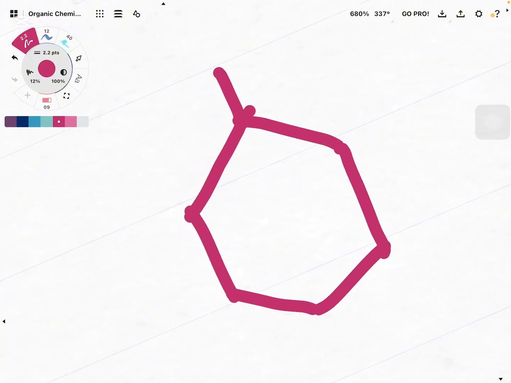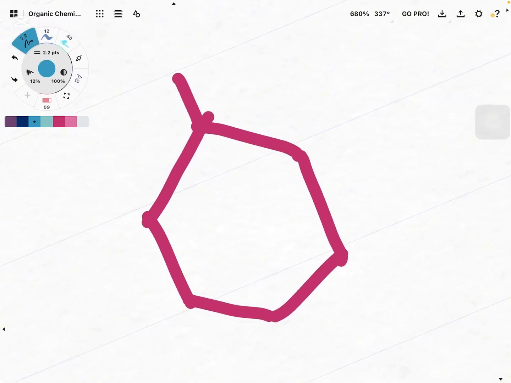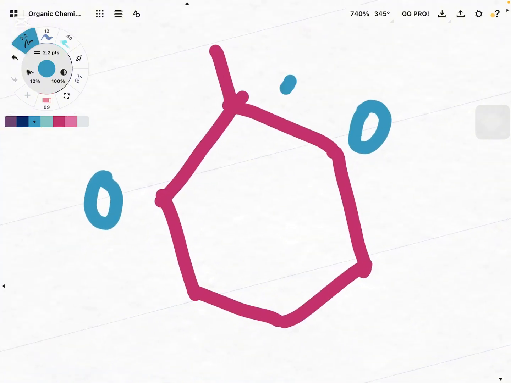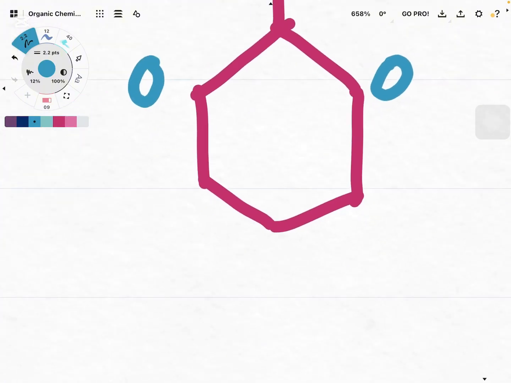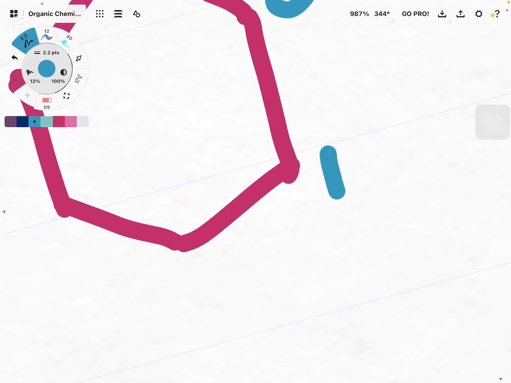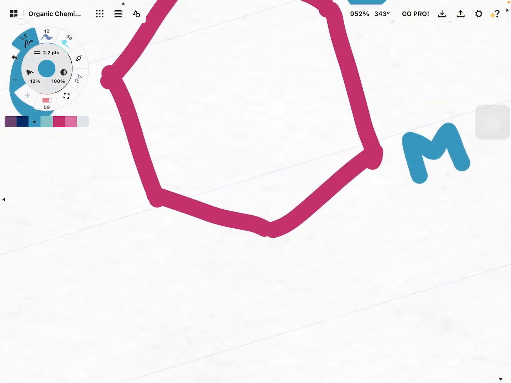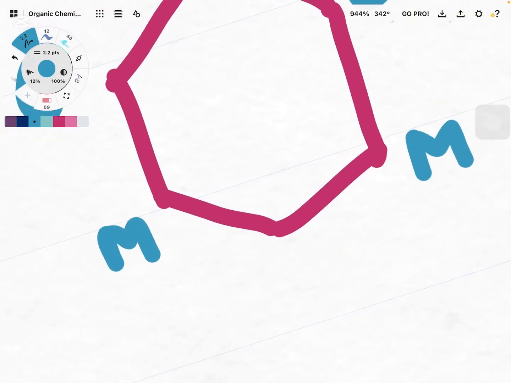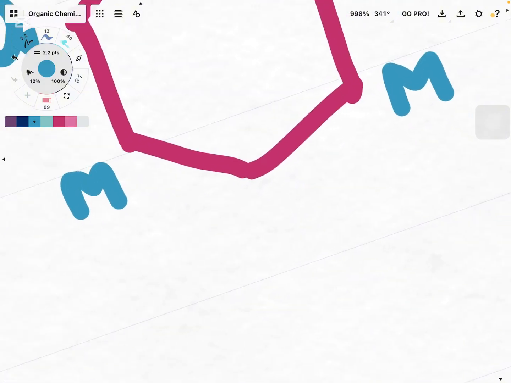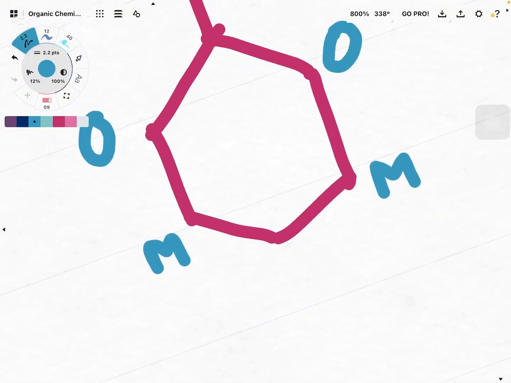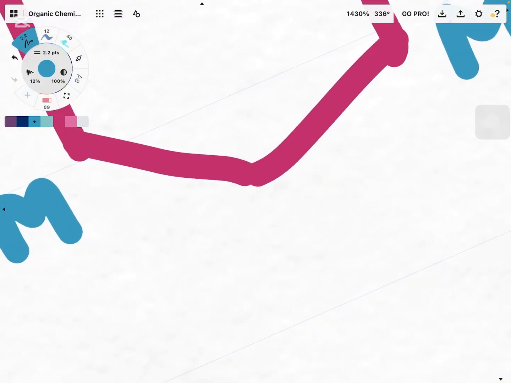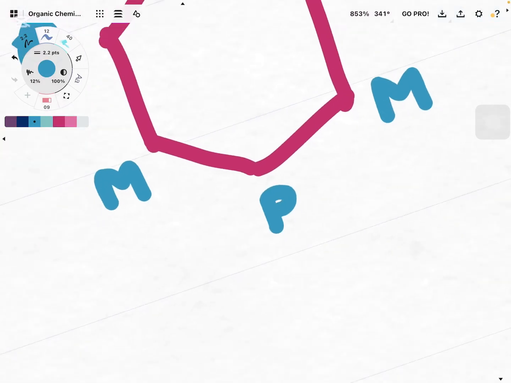Okay, so these two places will be called ortho position, and these two positions will be called meta position, and the opposite of the hand will be called para position.